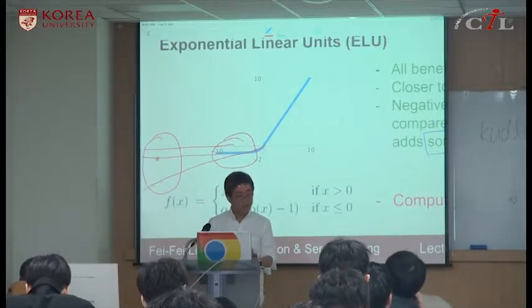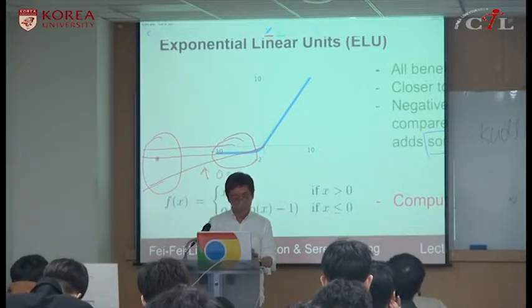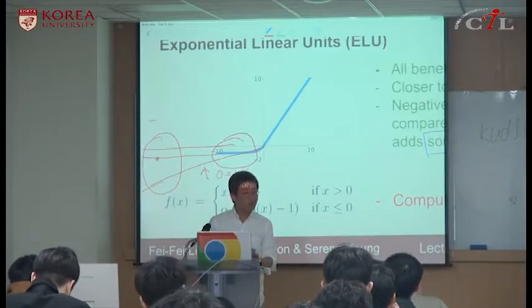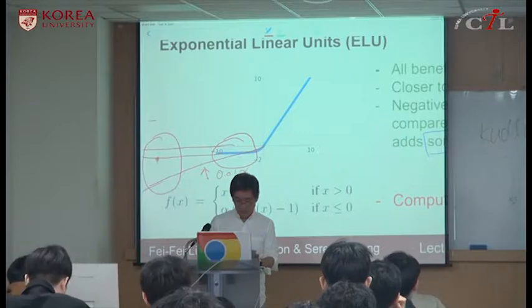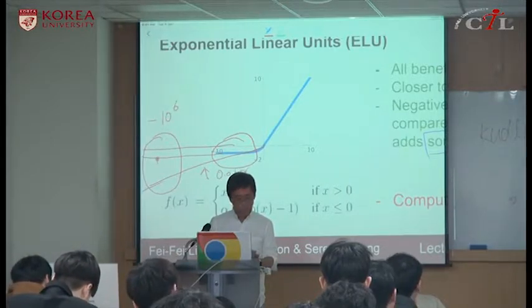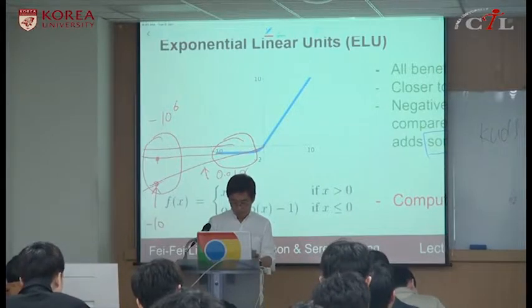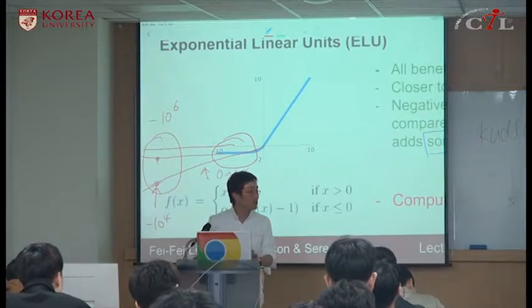But in the case of a Leaky ReLU, even though the slope is really small, such as 0.01x, for a really large negative input to the Leaky ReLU, maybe negative 10 to the power of 6, the output will still be negative 10 to the power of 4, right? So this value can be really big, right?